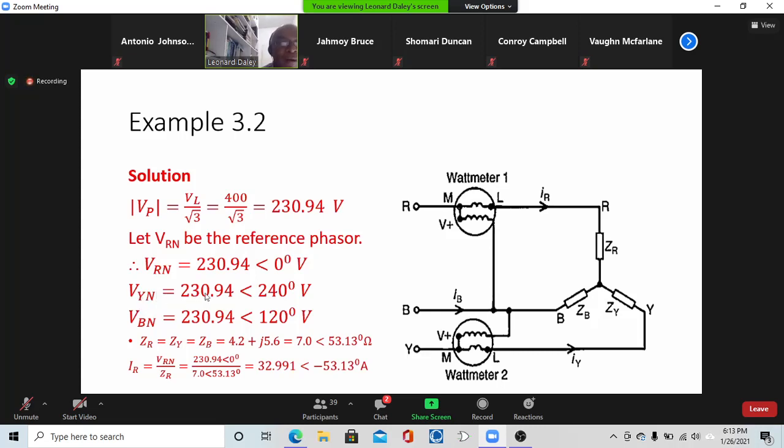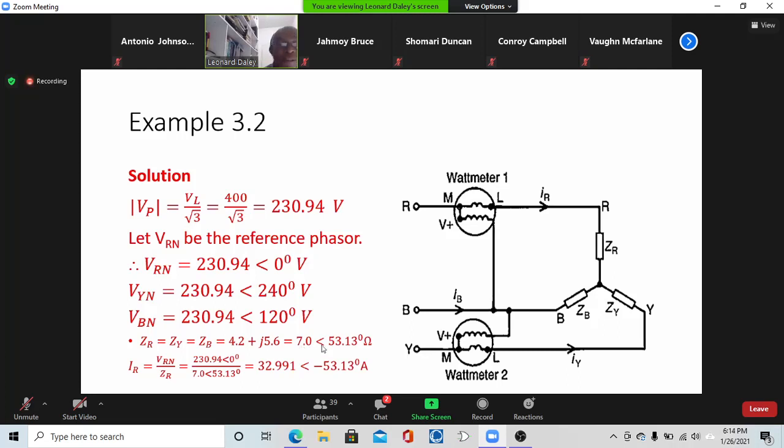Therefore, VYN is 230.94 at angle 240, and VBN is 230.94 at angle 120. Now, the same impedance is in each phase, right? So ZR equals ZY equals ZB equals 4.2 plus j5.6.